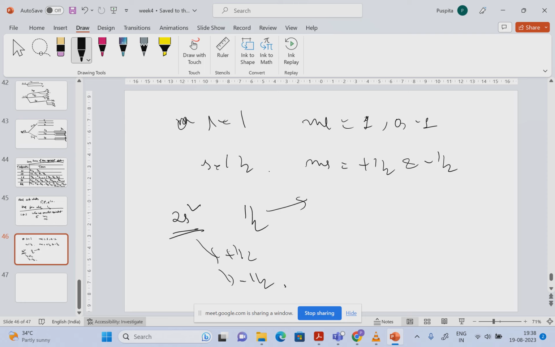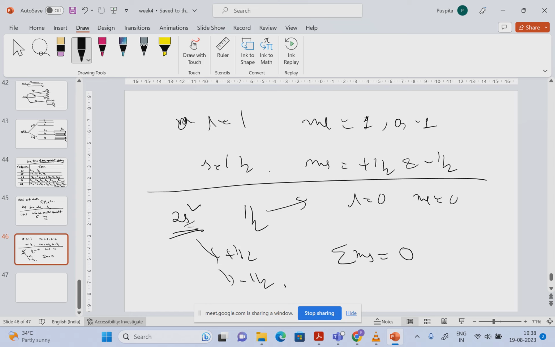So MS will be 0, and ML is also 0. So L is equal to 0, S is equal to 0, so J is also 0. So we get the term 1S0.